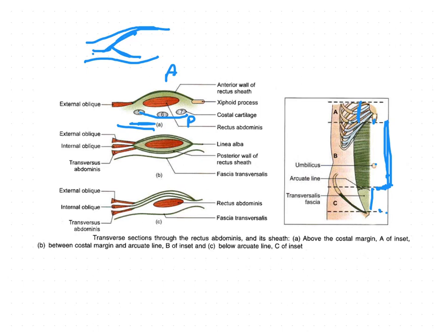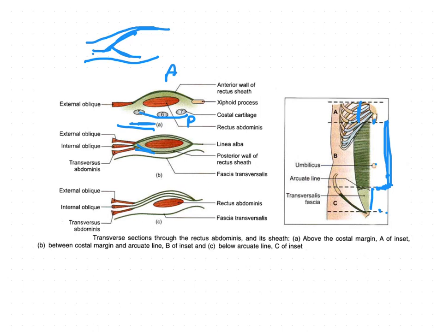So here all three abdominal muscles are taking part in the formation of the rectus sheath in this region. Anteriorly it is formed by the fusion of the aponeurosis of the external oblique and the anterior lamellae of the aponeurosis of the internal oblique, whereas the posterior wall is formed by the posterior lamellae of the internal oblique and then the aponeurosis of the transverse abdominis.